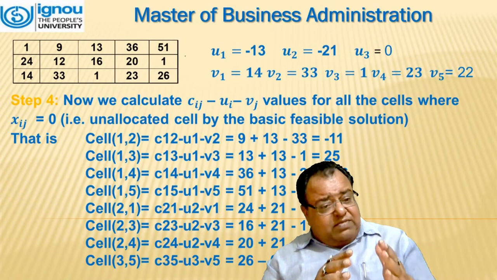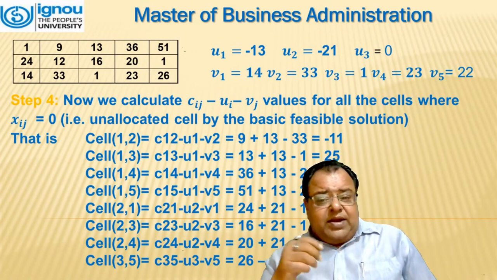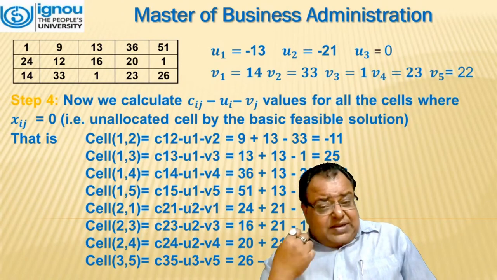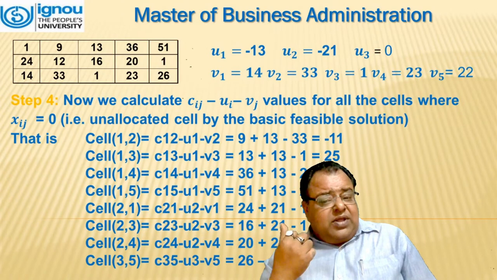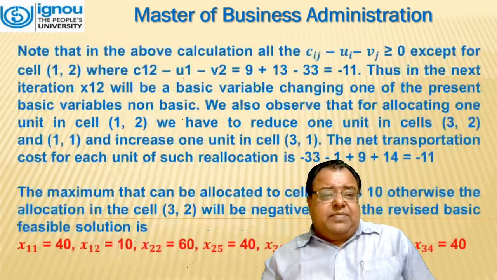Cell 1, 2, cell 1, 3, 1, 4, 1, 5, all these values are calculated. So we get minus 11, 25, 26, 42, 31, 36, 18, and 4. You can see that over here, there is one value which is negative, that is minus 11.